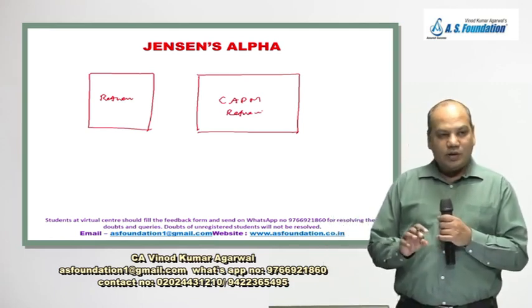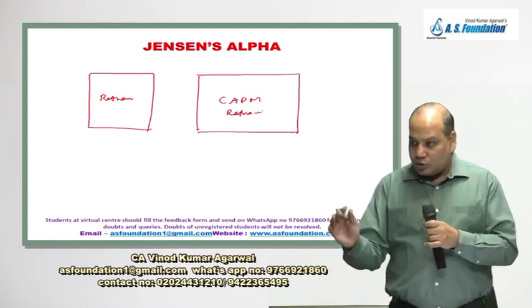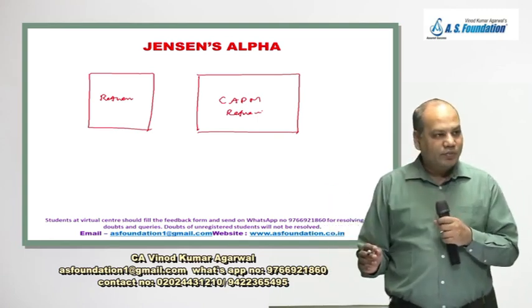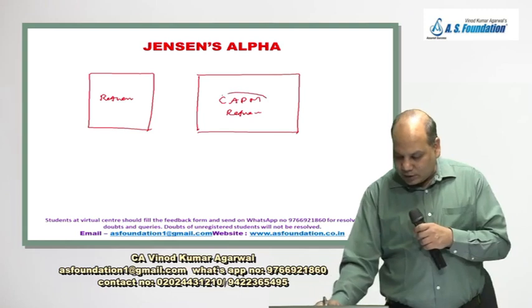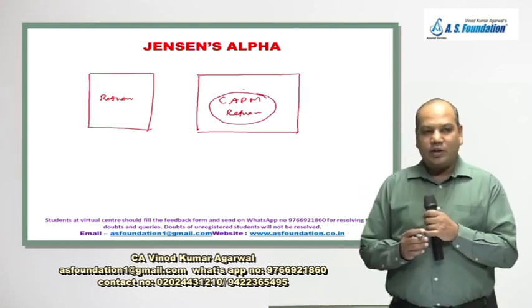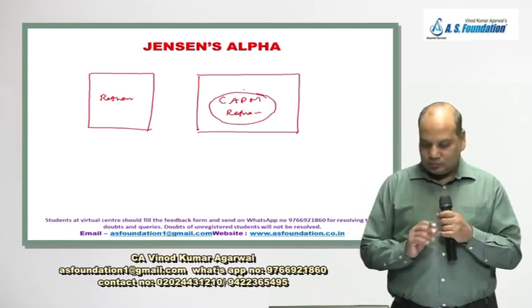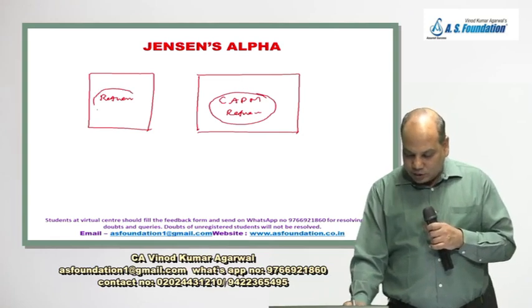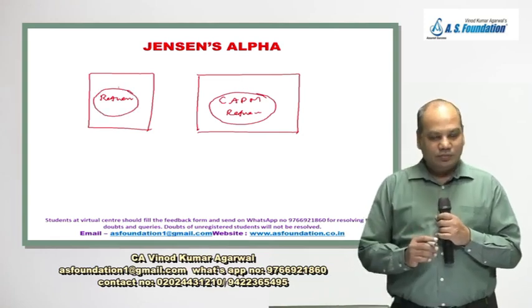Every fund has a beta. So you are taking a certain amount of risk. Based on that much risk, this is the return that should be generated. This is what they have actually generated.